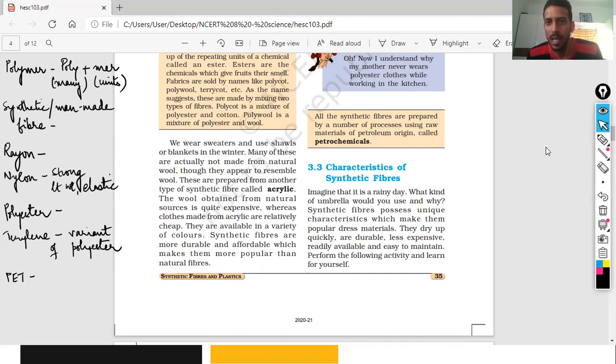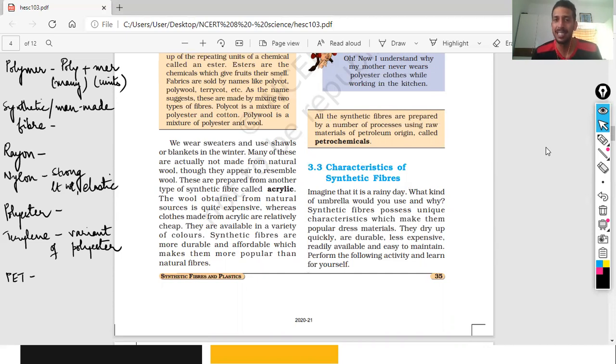Okay. Then again, how polyesters are made may be a very important question. You may want to know that all the synthetic fibers are prepared from huge processing, right? And this processing uses raw materials of petroleum origin, and they're called petrochemicals.